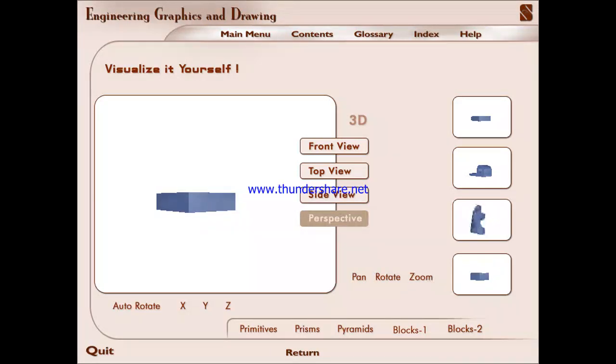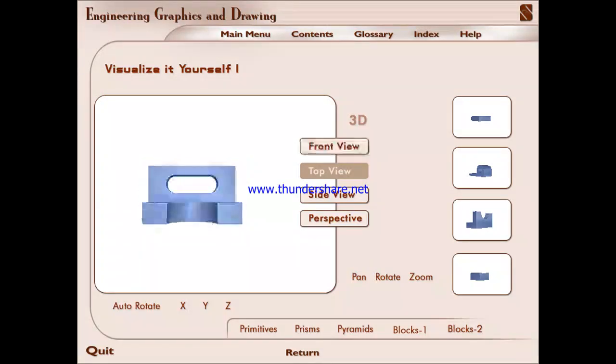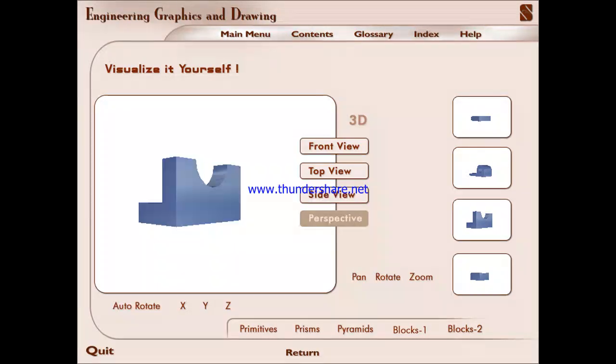Now let us consider this example. For this, front view, top view, side view and perspective view.